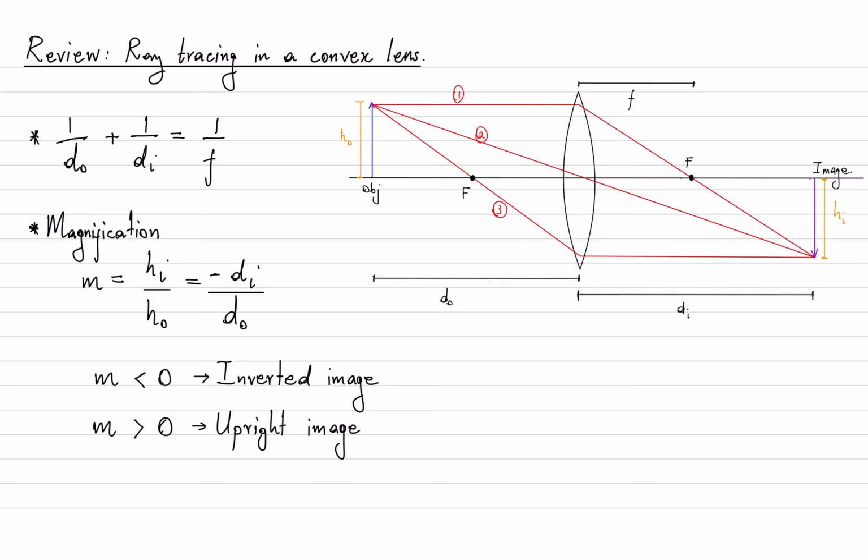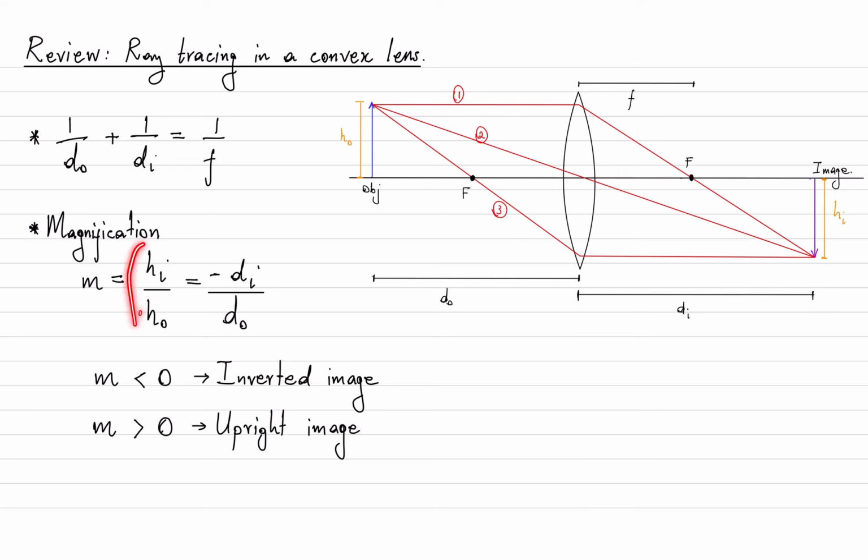Well, remember, magnification is related to the size of the image relative to the size of the object itself. The size of our image in the context of a convex lens is HI, the height of our image, and the size of our object is HO, which is over here. So the ratio of these two, the height of the image divided by the height of the object, gives us the magnification of this lens.